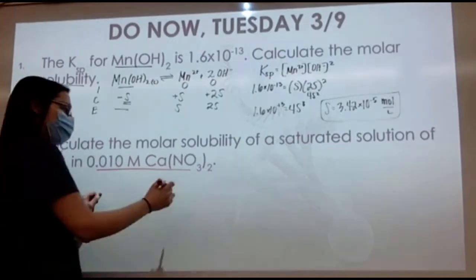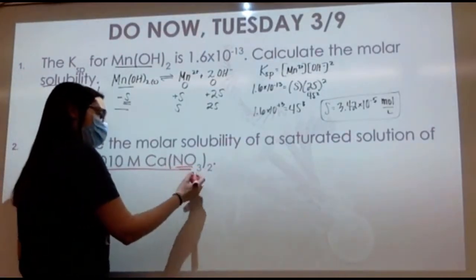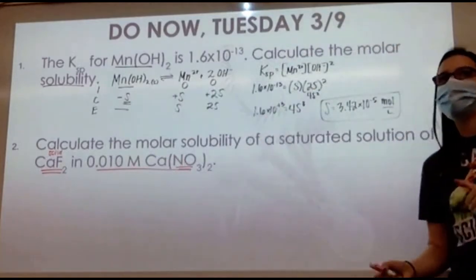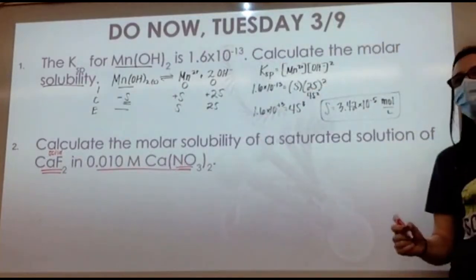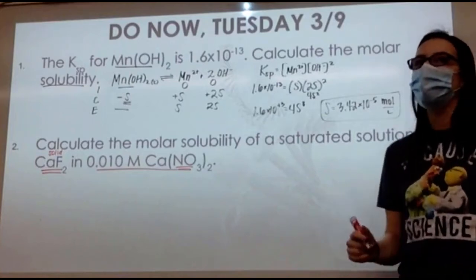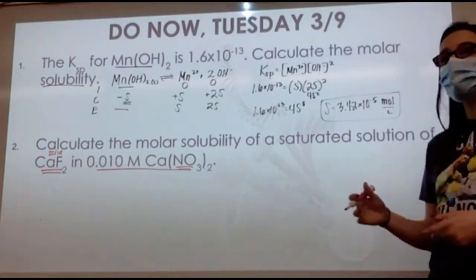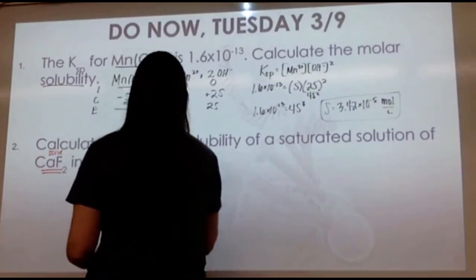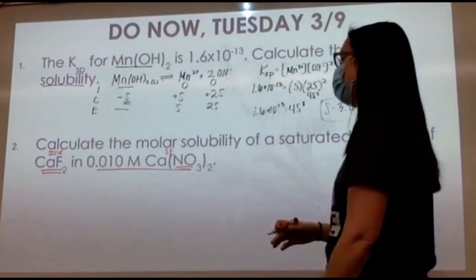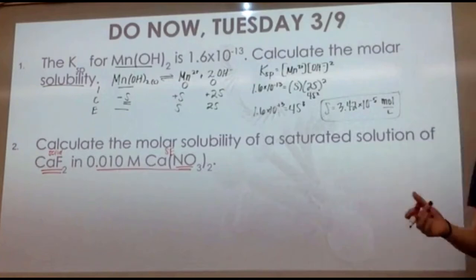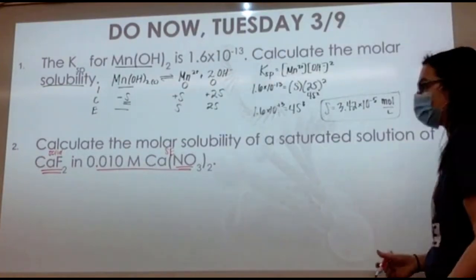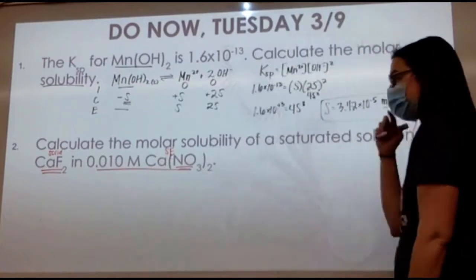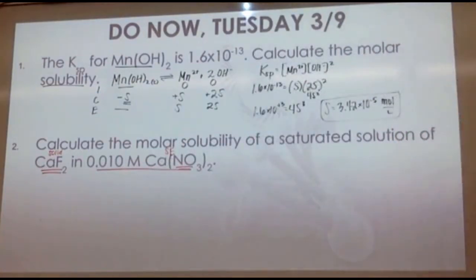Calcium nitrate has NO3 minus. Remember, any ionic substance that has potassium, nitrate, ammonium, or sodium completely dissolves, completely dissociates. So this is a strong electrolyte, meaning it breaks apart completely.